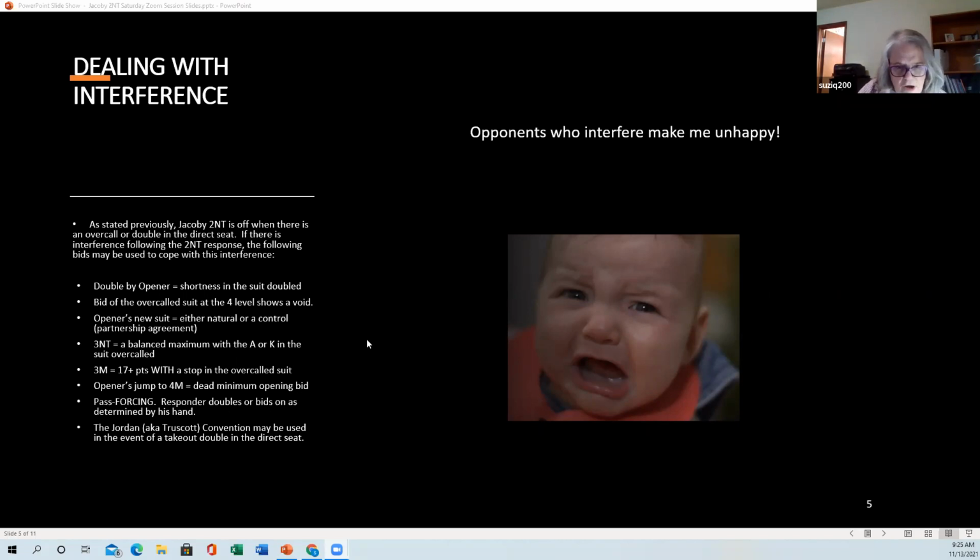This doesn't come up very often because it means that the doubler's partner is absolutely broke. If you have an opening hand and the doubler has an opening hand and you have a limit raise, there's not much left over here for the poor guy sitting in the 4th seat. So it doesn't come up all that often, but I know a lot of people who have it on their cards. This is following a direct seat double.